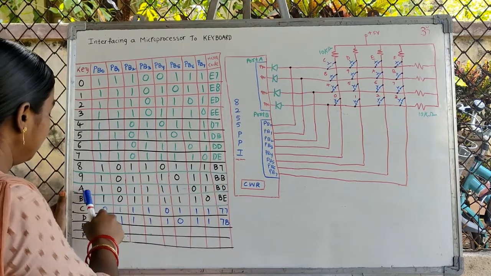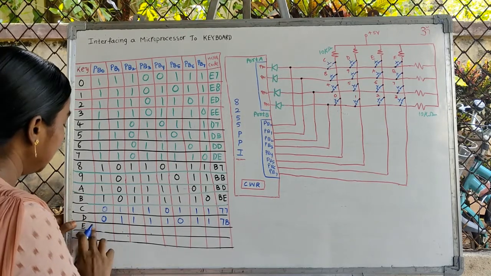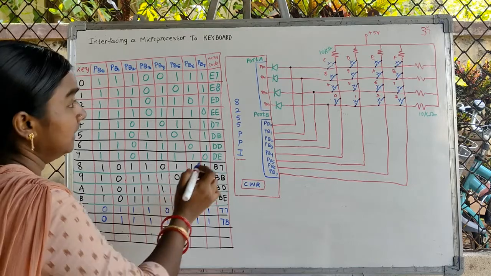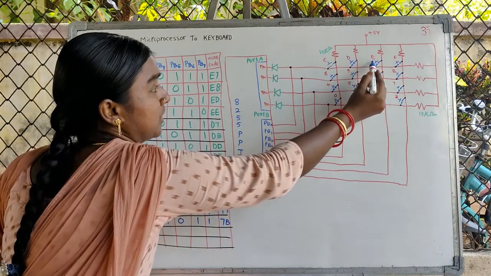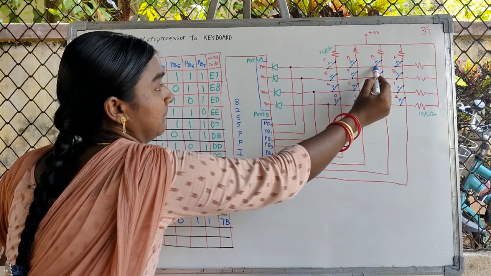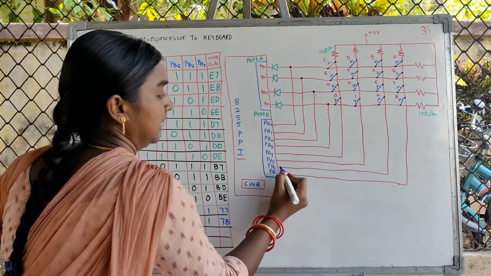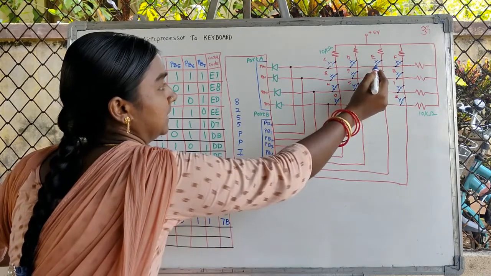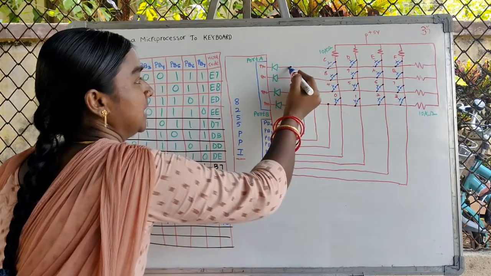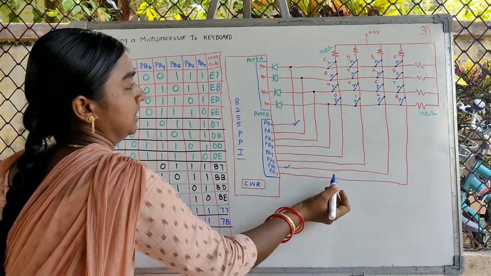And coming to the last keys, if we press E, the E switch is going to be connected with the lines here, PB6, and this line is connected with PB0 as shown in this configuration.